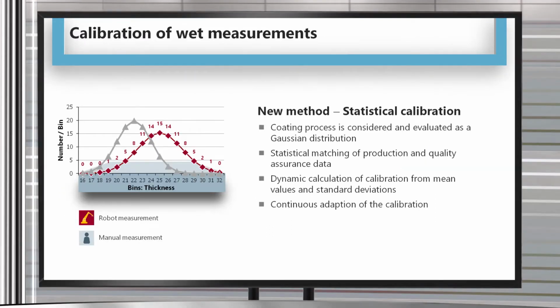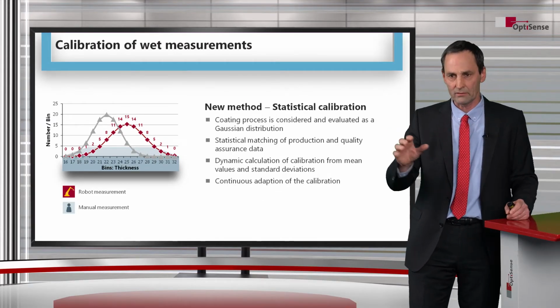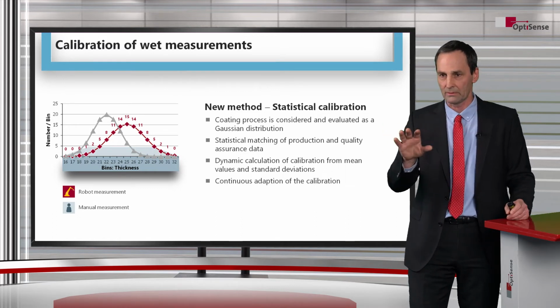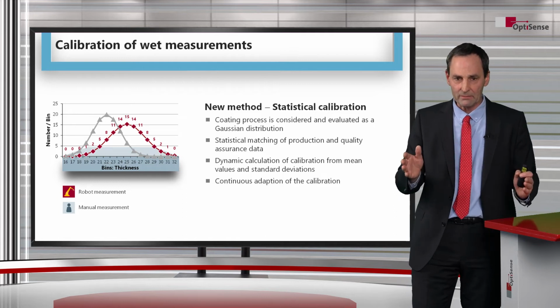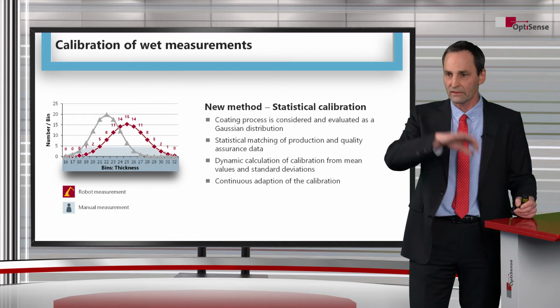So what is the approach without any preparation? It is just a statistical method, because you know over a small time period of about 5 minutes a coating application is stable. And then in this stable situation you have a so-called statistical Gaussian distribution of the coating thicknesses.